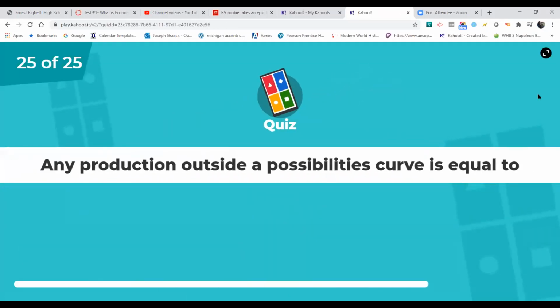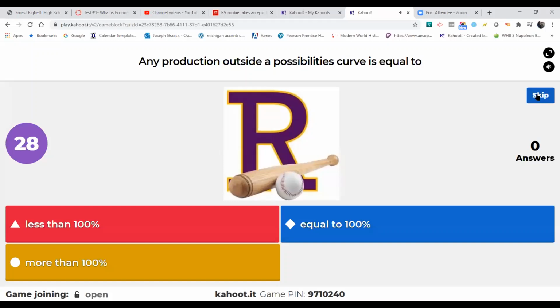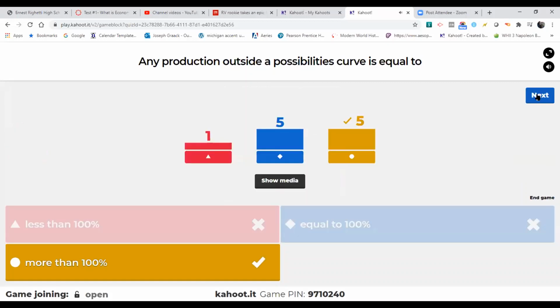Any production outside of possibilities is equal to what? This would be the area represented by point X. Point X, area 3, more than 100%.